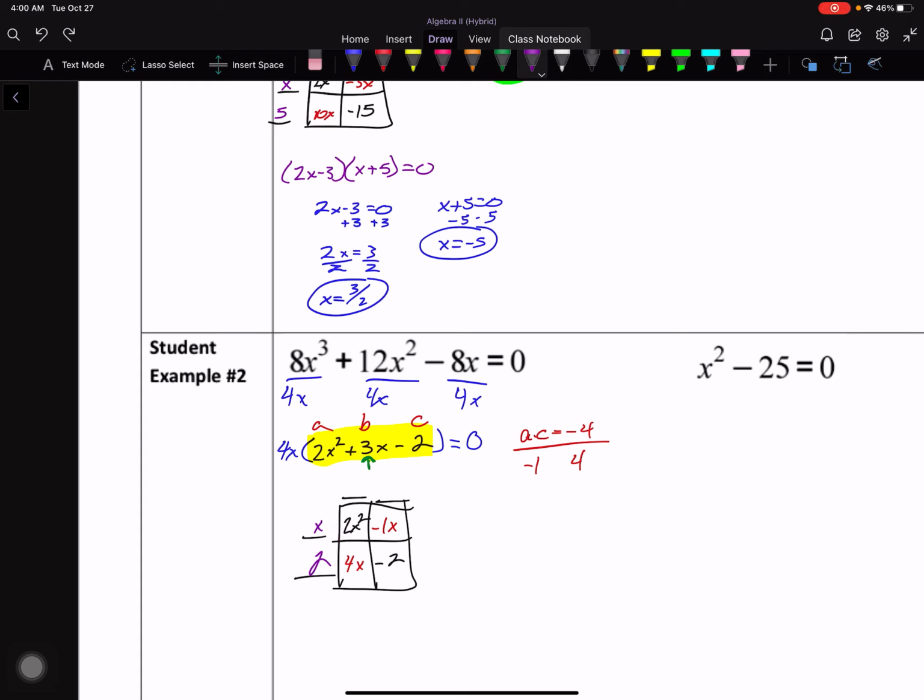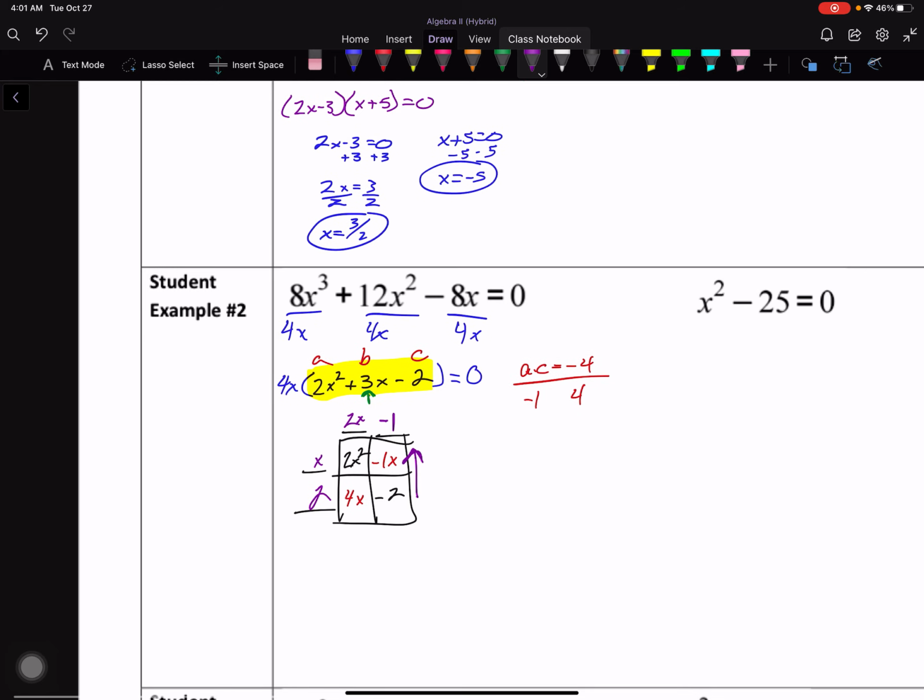Those are both divisible by 2x. And up the right column, we have -1x and -2. Even though it looks like they have nothing in common, you can always take out a 1, and in this case, because they're both negative, a -1. So factored form would be 2x minus 1 times x plus 2 equals 0.